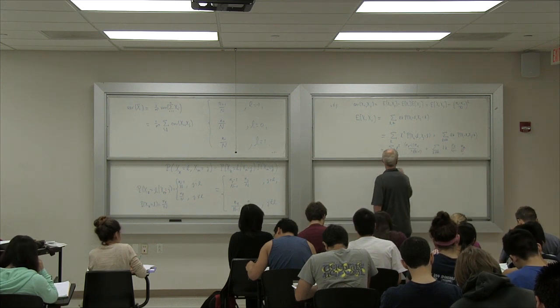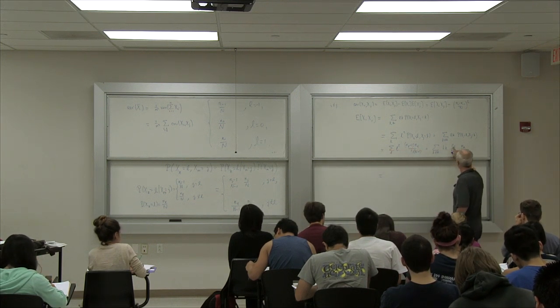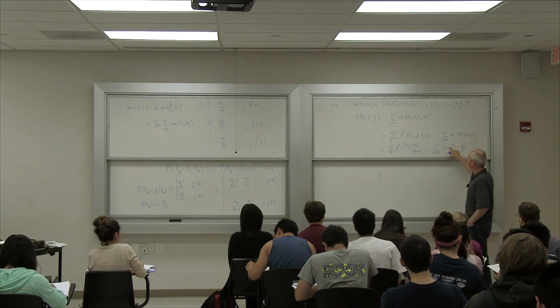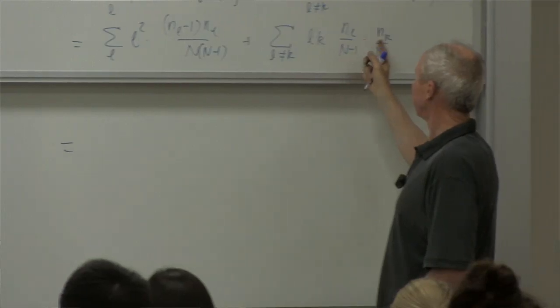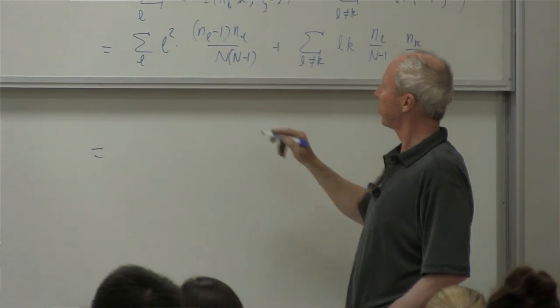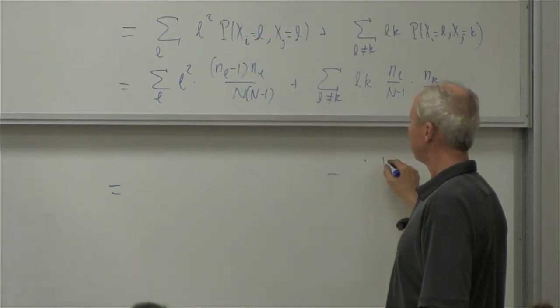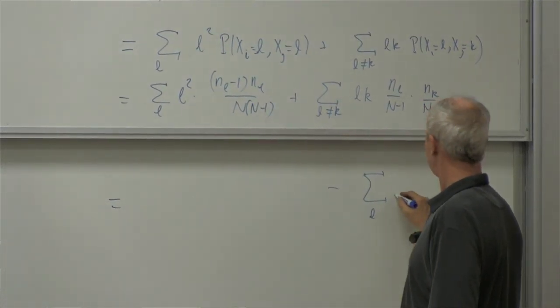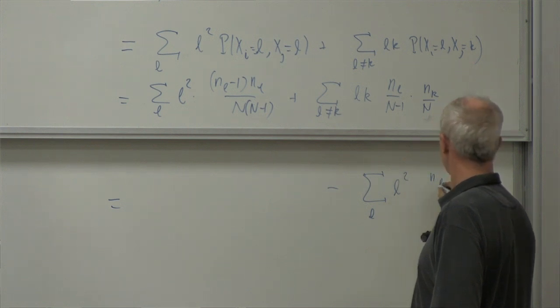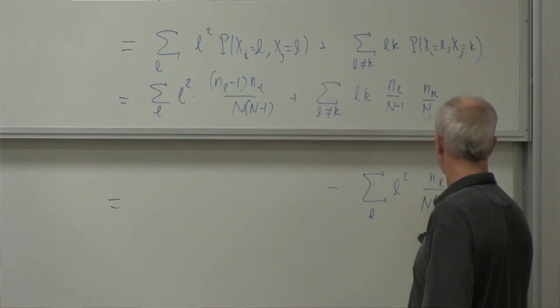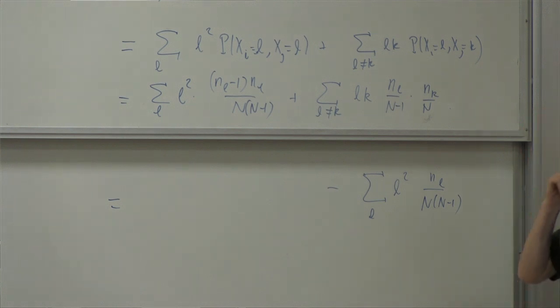Now, if I didn't have this minus 1 here, I could combine them again, right? Because this would be NL times NL, it would be NL times NK. So I'm going to separate out this minus 1 term. Like that.